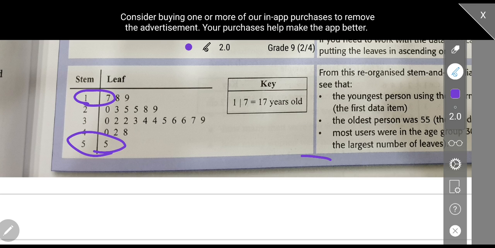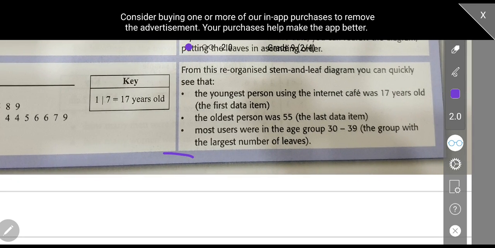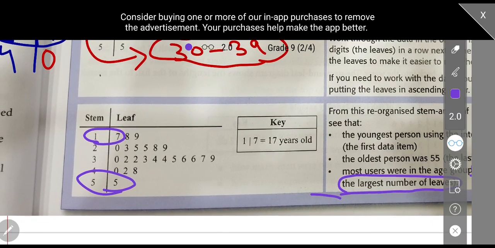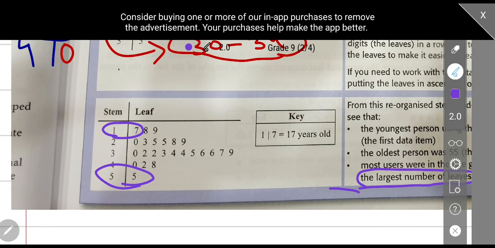Most users are in the age group 30 to 39, as we mentioned before. The group with the largest number of leaves has the most users. And also the key, you should write it. It's 1|7, which means equals 17 years old. Now you can put any key.